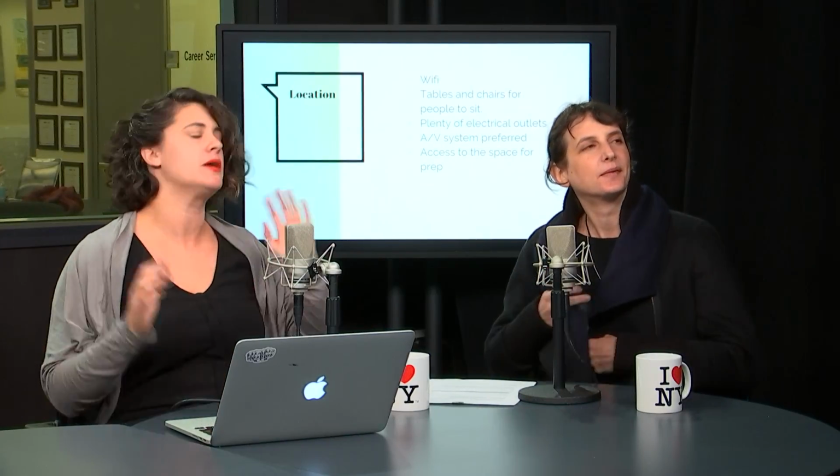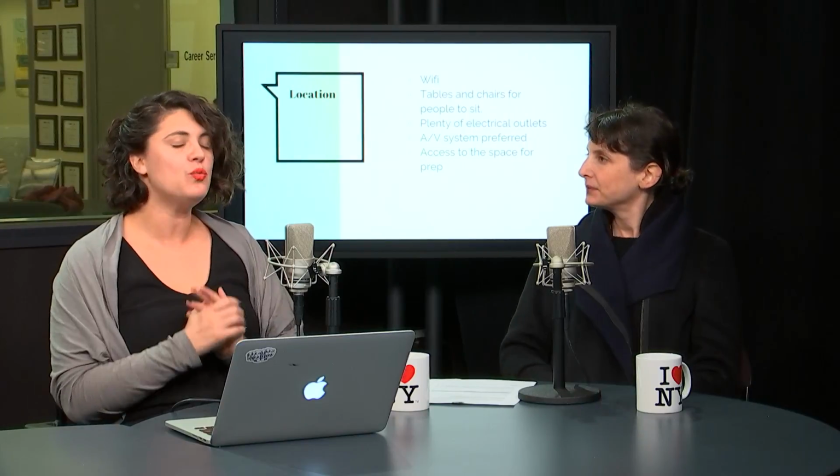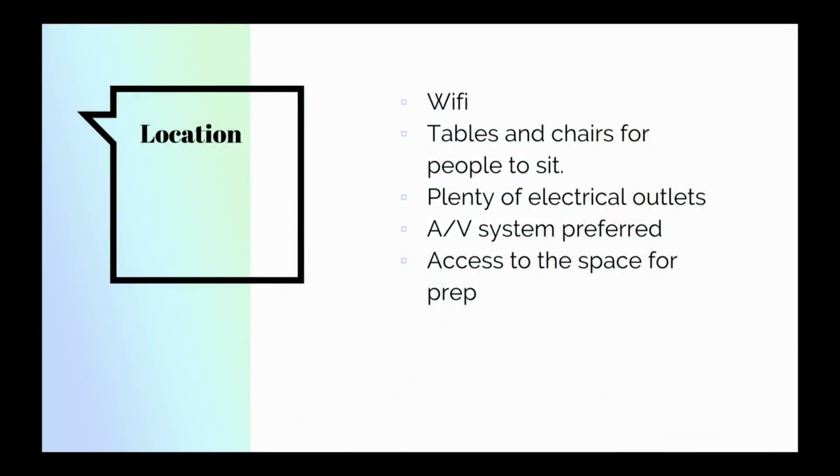So, some of the specifics that you might not think about when you're thinking about a location. Wi-Fi. Wi-Fi is your number one priority. Yes. Sometimes it can be cute when you don't have enough Wi-Fi, and you're like, well, that's the problem you're hacking, how do you build these things without internet? But really, you don't want to do that. Yeah, really not.